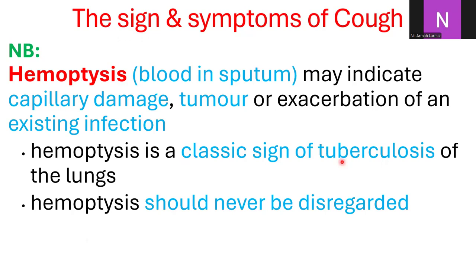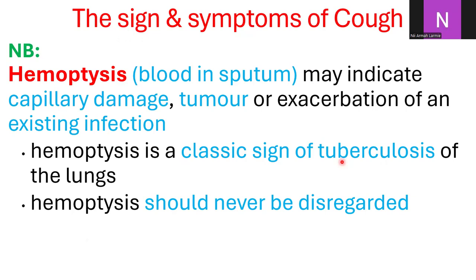And tuberculosis, for example, an infection of the lungs by Mycobacterium tuberculosis, has a classical sign of blood in sputum. Technically, blood in sputum is known as hemoptysis. So hemoptysis is a classic sign of tuberculosis of the lungs. So never disregard hemoptysis if you see it.